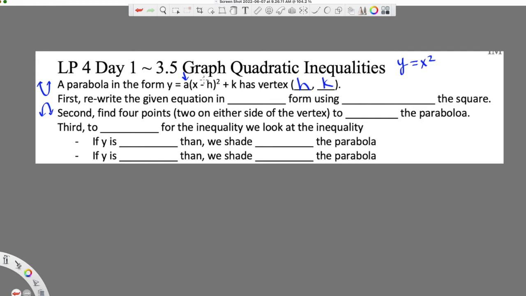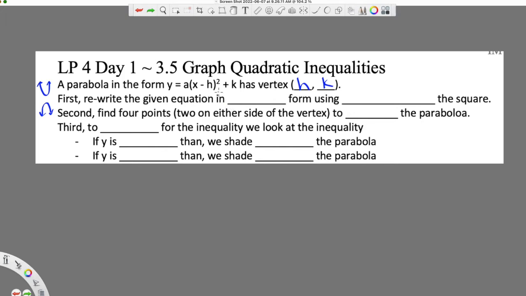And then this a term either widens or narrows the graph. So all of these pieces do something to your graph once you have this more complicated quadratic. But the nice thing here is that I can very easily grab h and k and move on as far as which points I need to graph.